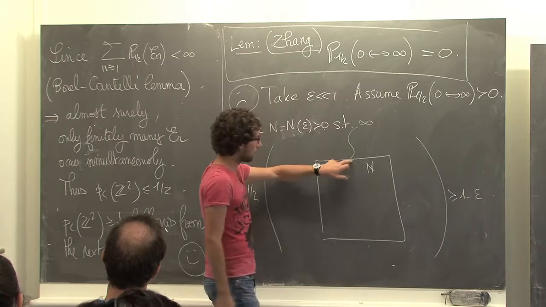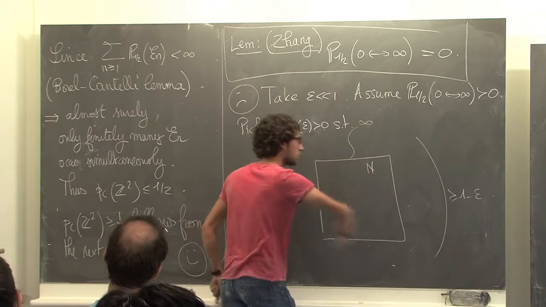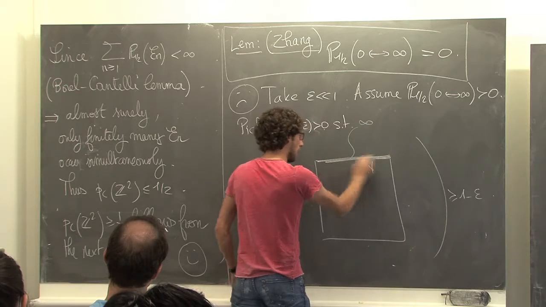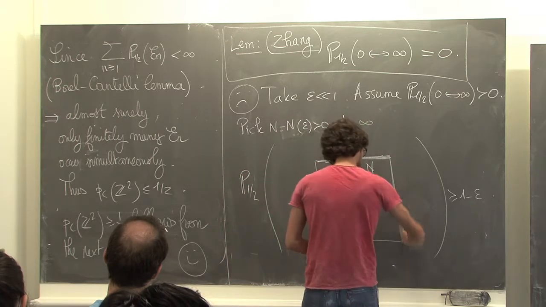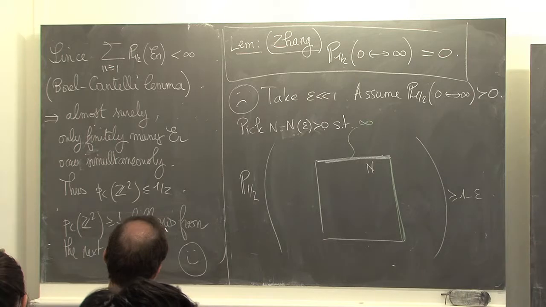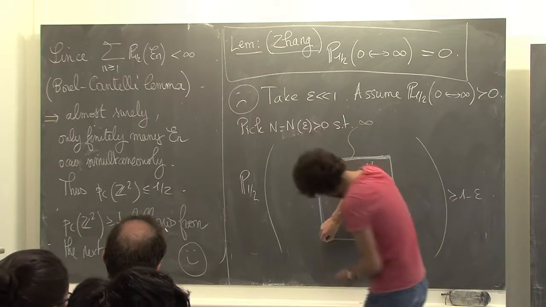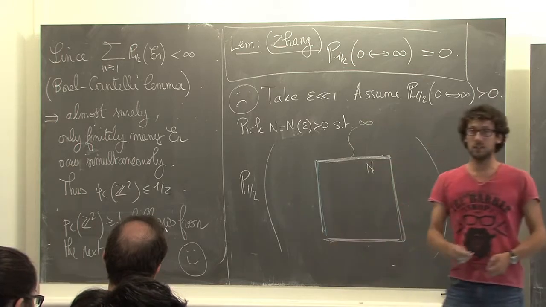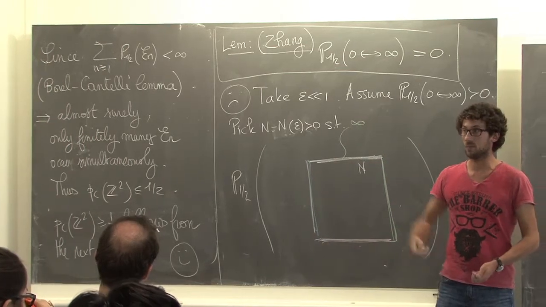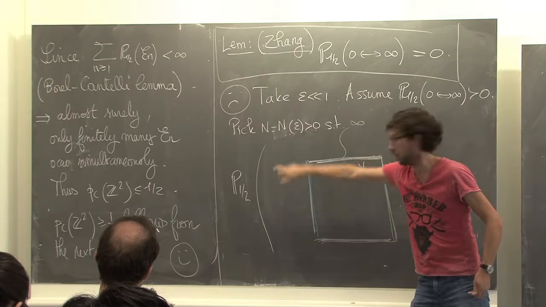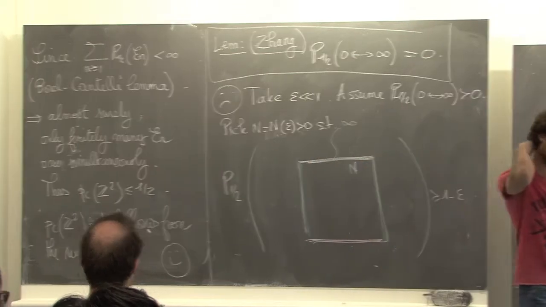Here, I have this box connected to infinity. So that means that either this one, or this one, or this one, or this one is connected to infinity outside the box. Because if you take an infinite cluster getting to this box, it's going to touch one of these 4 places first.